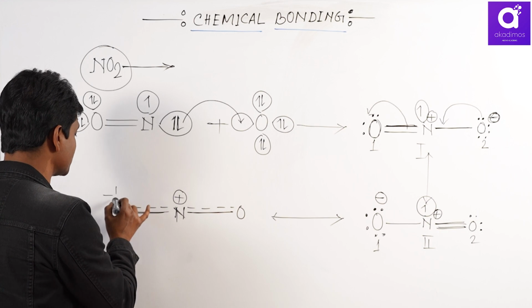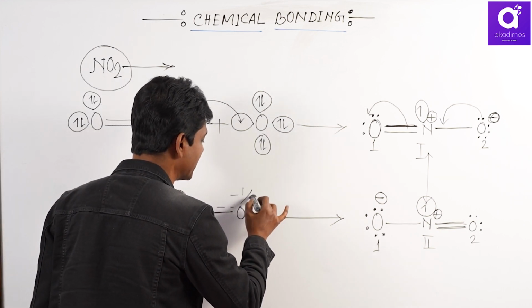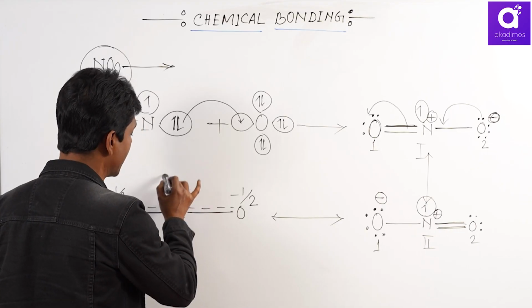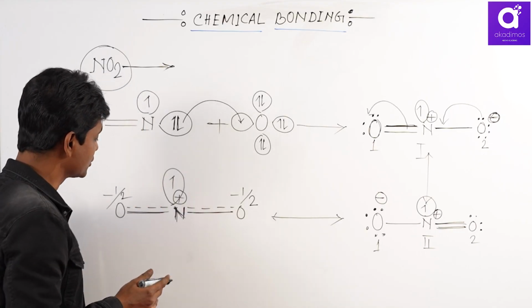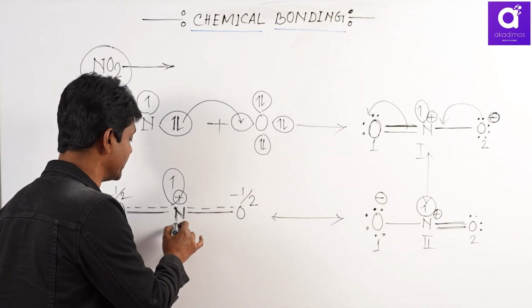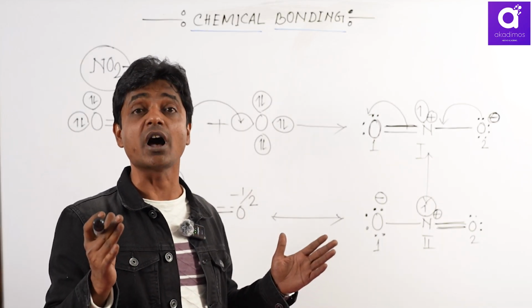That's why the formal charge of each oxygen is minus half. This is the resonance hybrid structure of NO2, which gives the idea that the 2 nitrogen-oxygen bond lengths are the same. The formal charge on the middle nitrogen is +1, with the terminal 2 oxygen atoms having minus half charge.